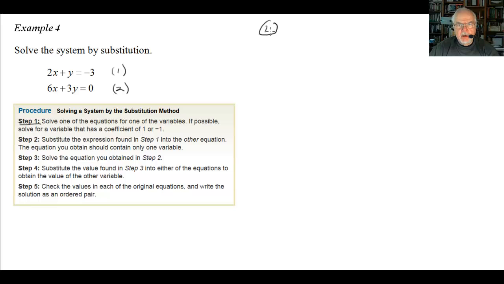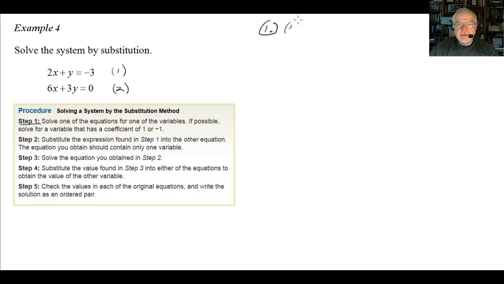So step number 1 says solve one of the equations for one of the variables. If possible, solve for a variable that has a coefficient of 1 or minus 1. Aha! That's the only one there. So we're going to solve for that variable in that equation.